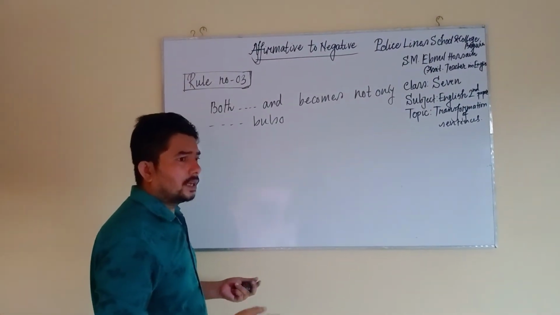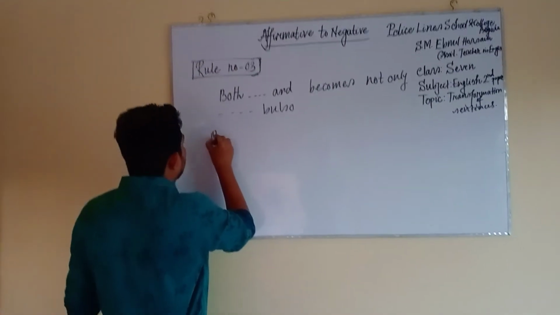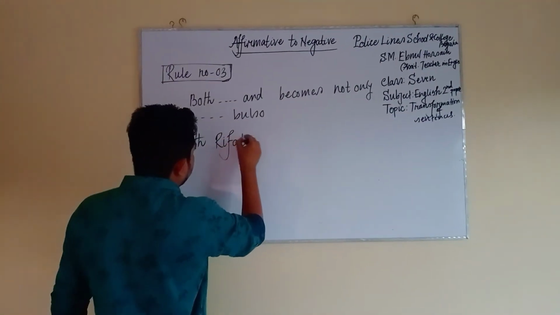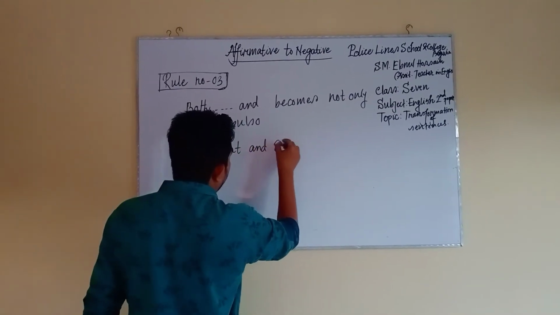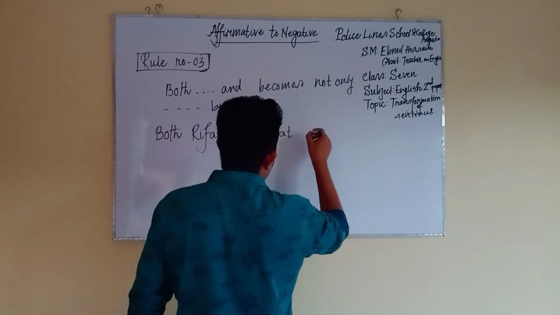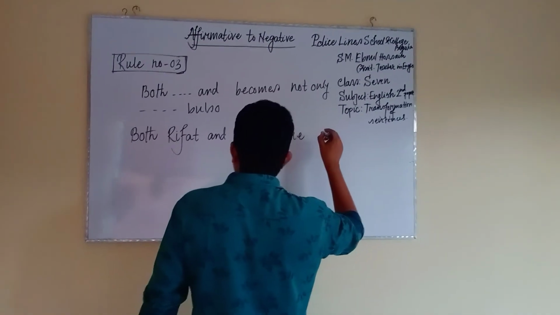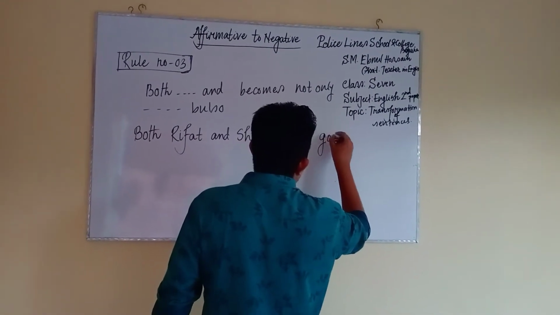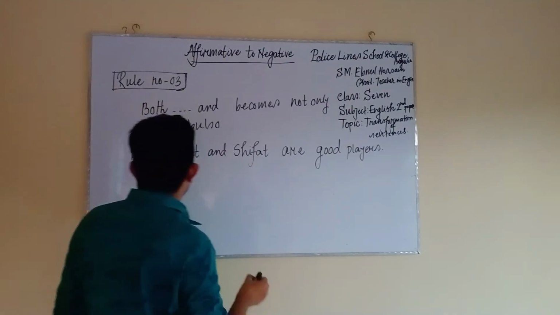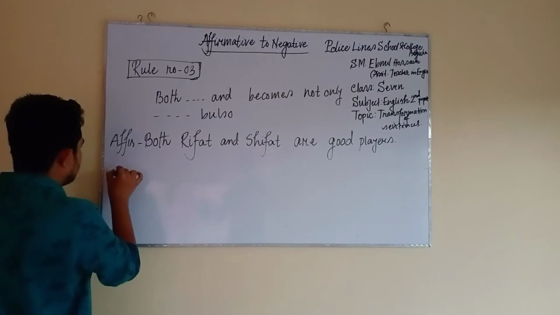And now I am giving an example on these rules. Both Rifa and Shifa are good players. Here, notice the sentence. This is affirmative sentence. Now we can change this sentence into negative.